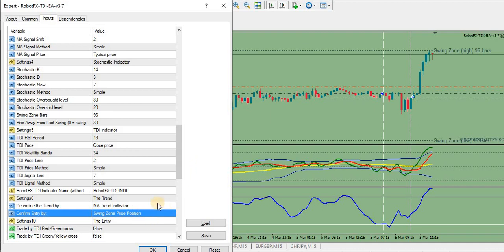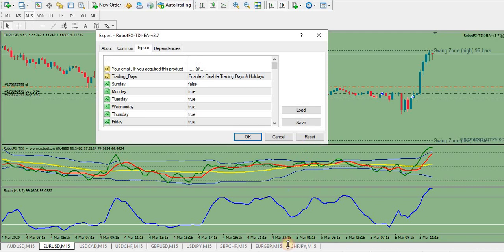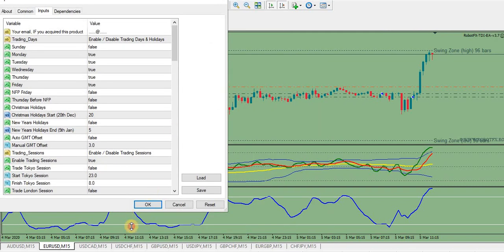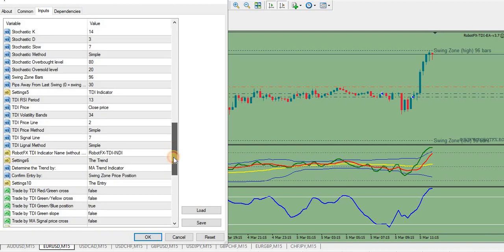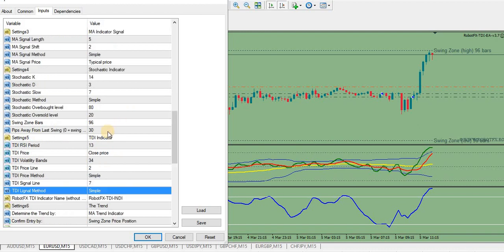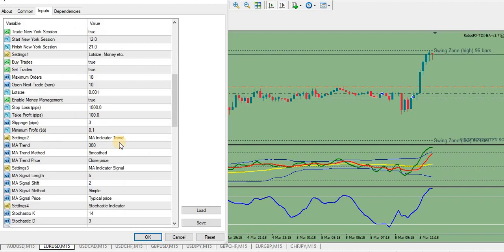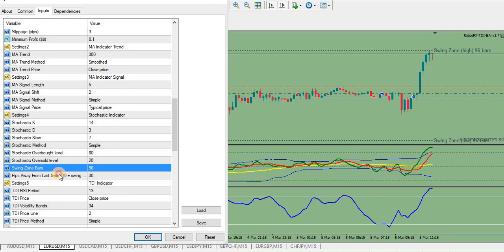This is basically the distance of the price regarding the latest highest highs and the lowest lows of a certain area, which is, again, this is highly annoying, the settings not remaining the full size, I mean, and this is again given by the swing zone bars and pips away from last swing.